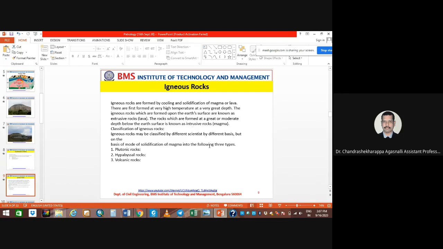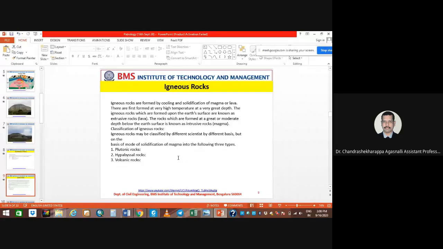We discussed there. So further, igneous rocks are further classified by different scientists on different bases. The supporting documents may vary, but on the basis of mode of solidification of magmas, there are many scientists working in different sectors, and it's a continuous process.